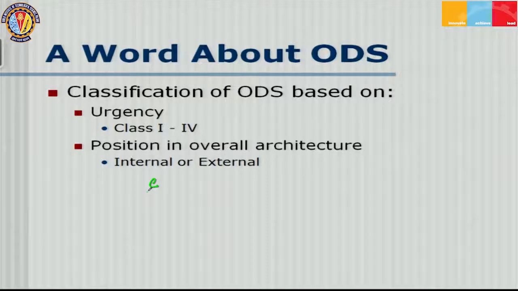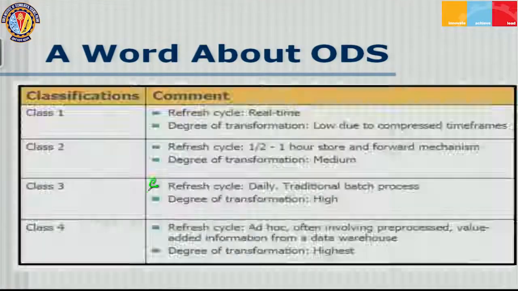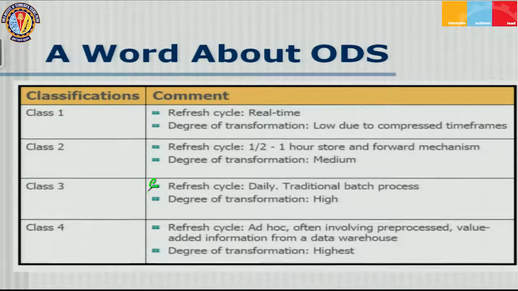And ODS can be classified based on the urgency and its position in the overall system. So you can see in terms of urgency there are 4 classes, and an ODS can be internal or external. So class 1, this is important. If you look at class 1 ODS, the refresh cycle is real time.